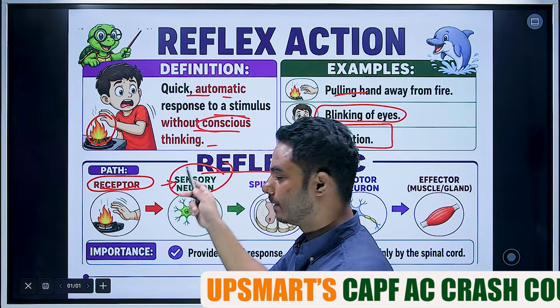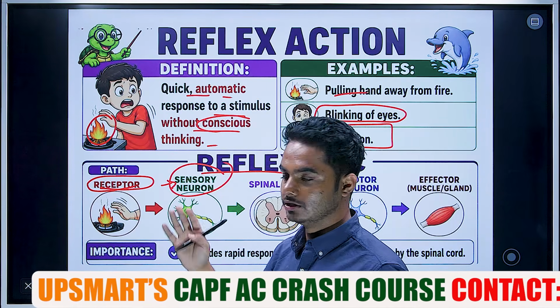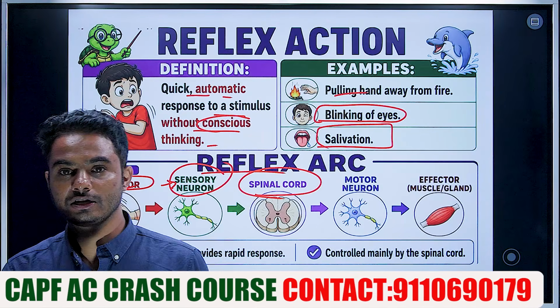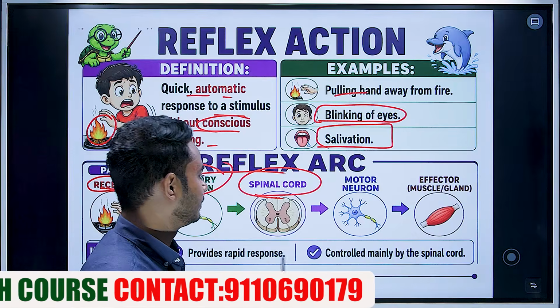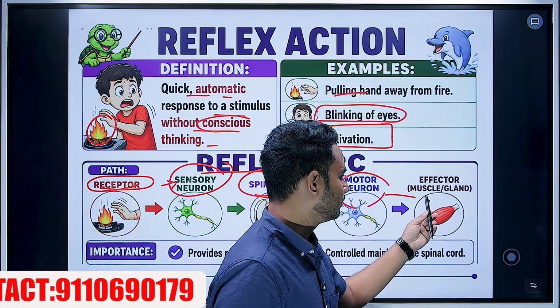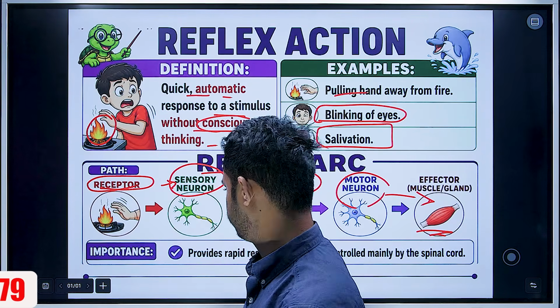You know how the neurons will pass the information, right? One dendrite, synapse, other dendrite. That is how it happens. First the neurons will take it, and it will give it to our spinal cord. And then a motor neuron will be there, and then it will take it to different muscles or glands. This is the reflex arc.